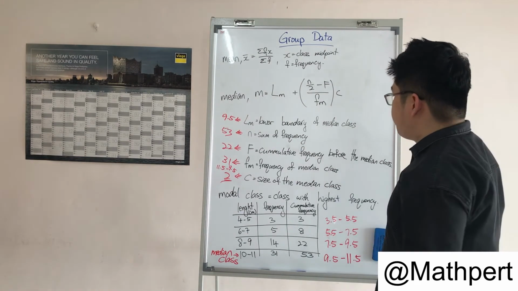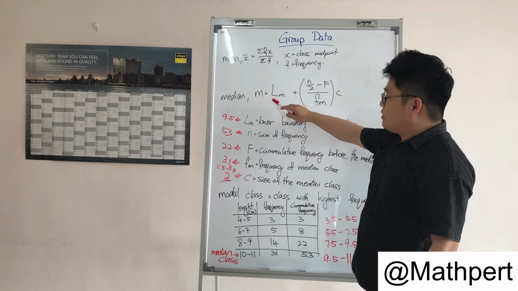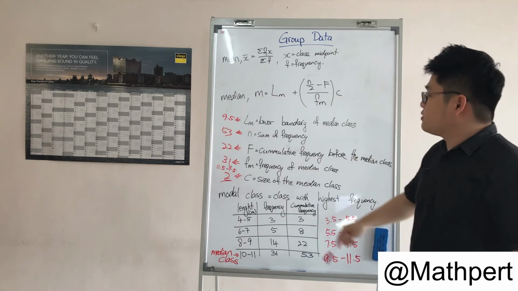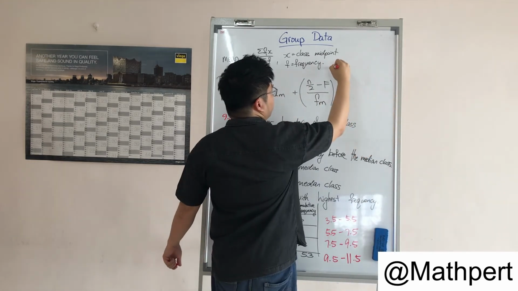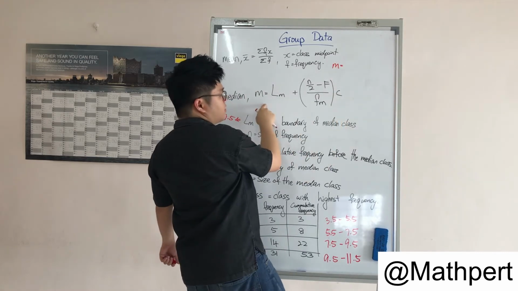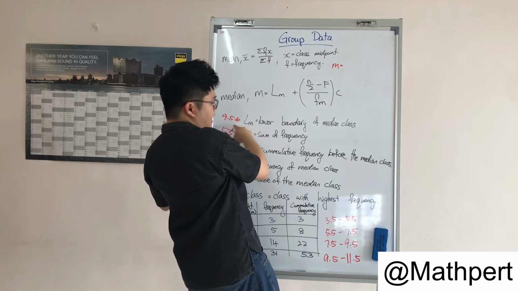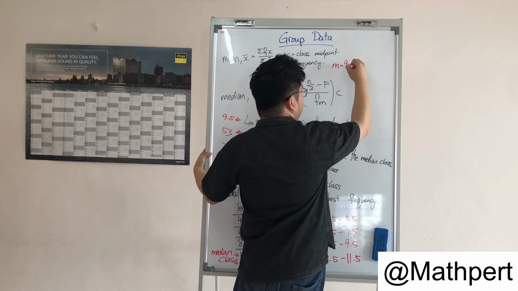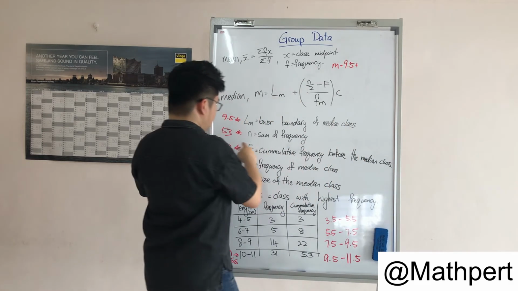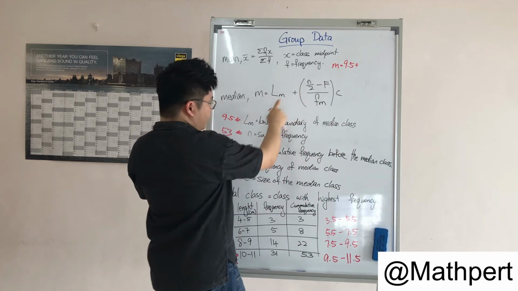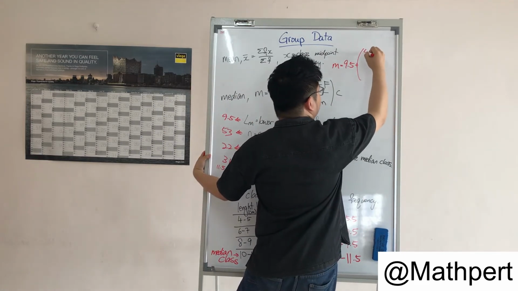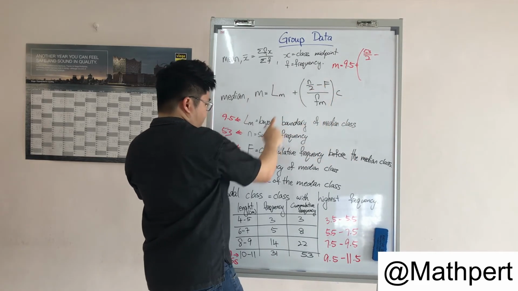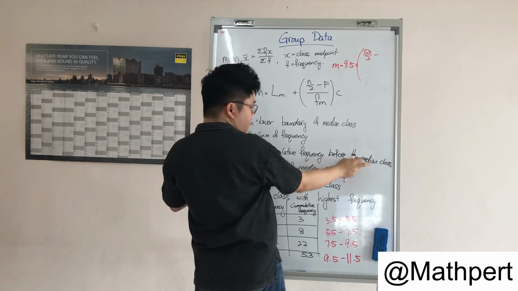Okay. Let's take a look at this one. Okay, LM is, right this way. Median is LM, 9.5, plus n divided by 2, 53 divided by 2, minus f, cumulative frequency before the median class.